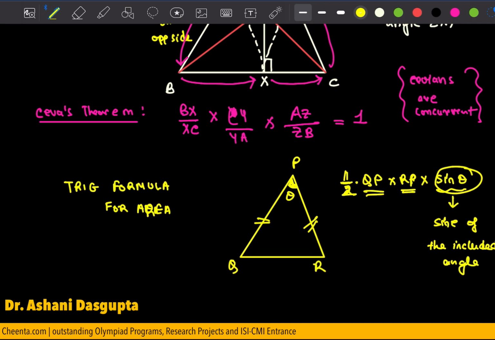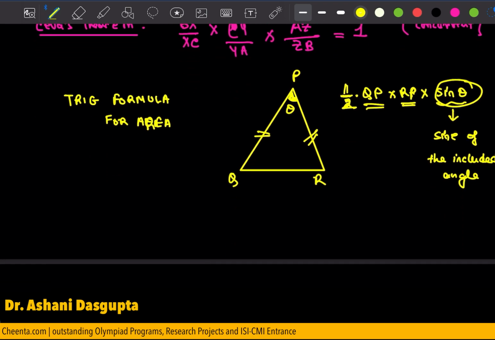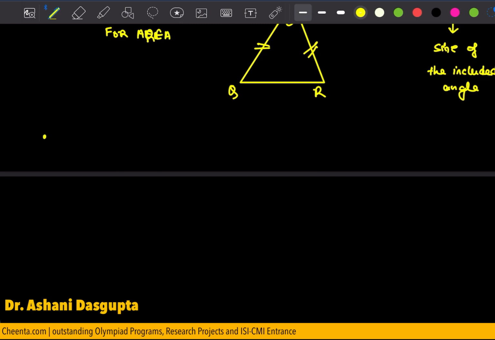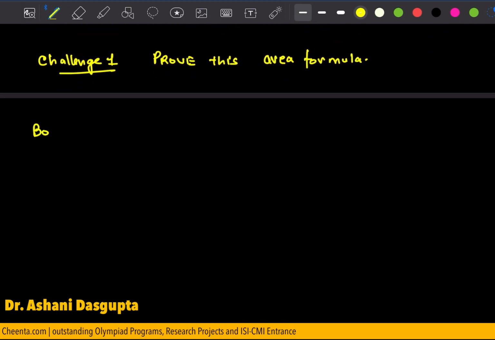So here is a challenge question. Challenge question 1: can you prove this area formula? And there is a bonus challenge.